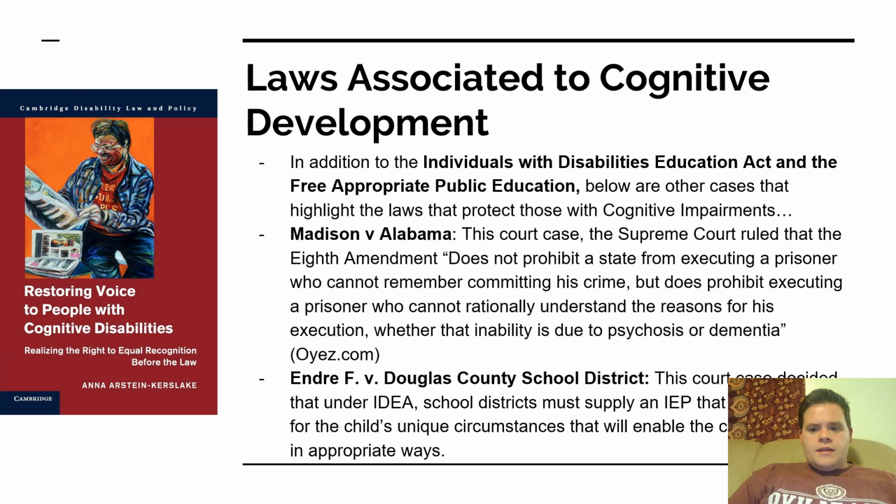And then there is another court case, NJF versus Douglas County School District, which basically says that under IDEA, the school districts must supply an IEP for the child's unique circumstances, and that IEP and the associated goals work to help the child progress in the best way possible, in the most adequate way.